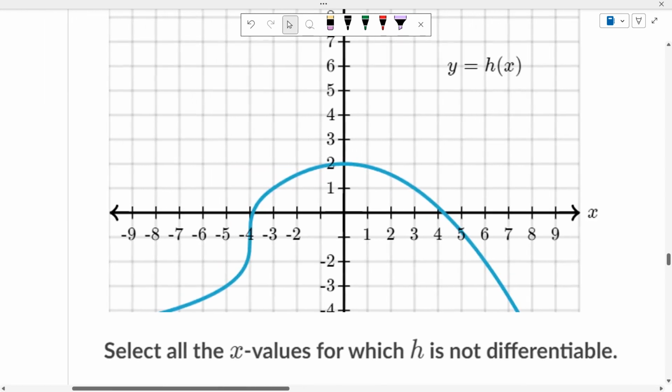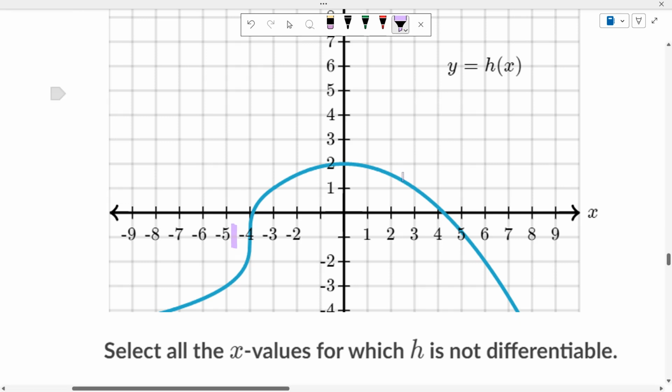Is there any point where it's not differentiable? The answer is yes, there is. Where would that be? Is it continuous the whole time? There's no holes in it, so yeah, it's continuous. Does it ever go vertical? And Henry's going, maybe.